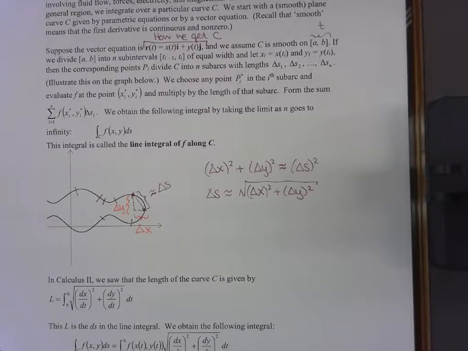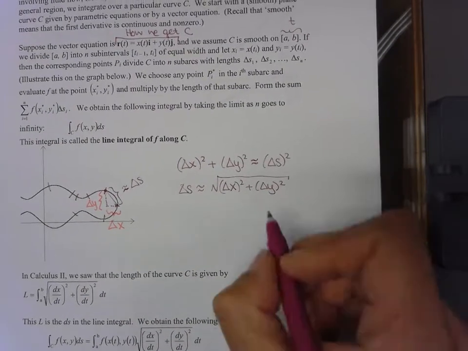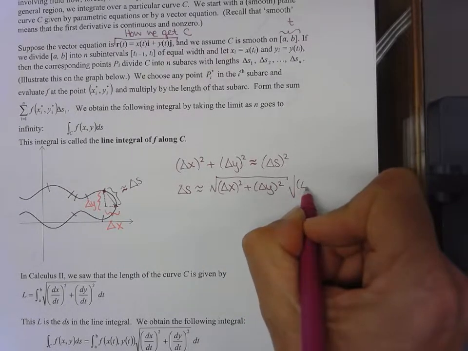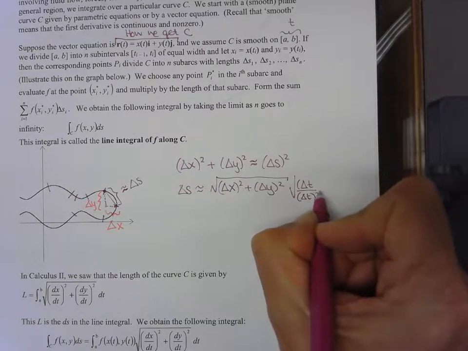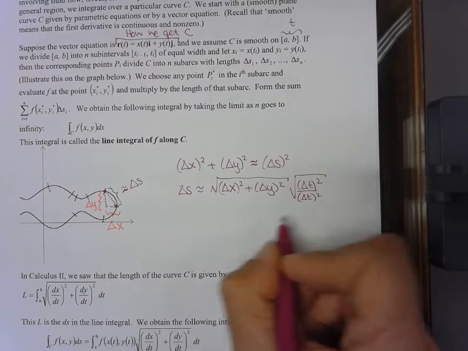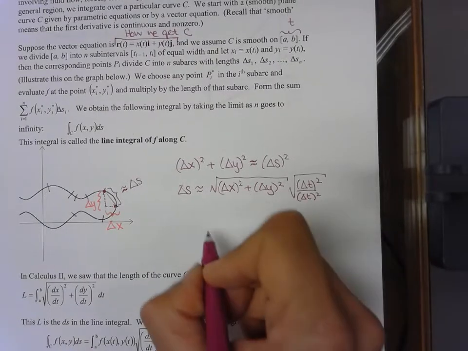And then how we get from here to here is basically under the square root, we multiply and divide by delta t squared. And so I'm going to distribute this delta t squared in the denominator to each term.